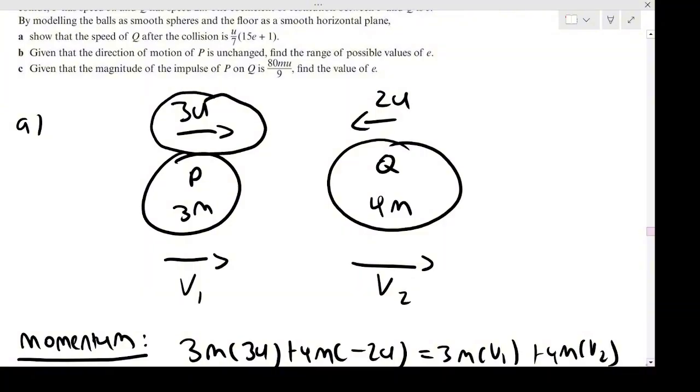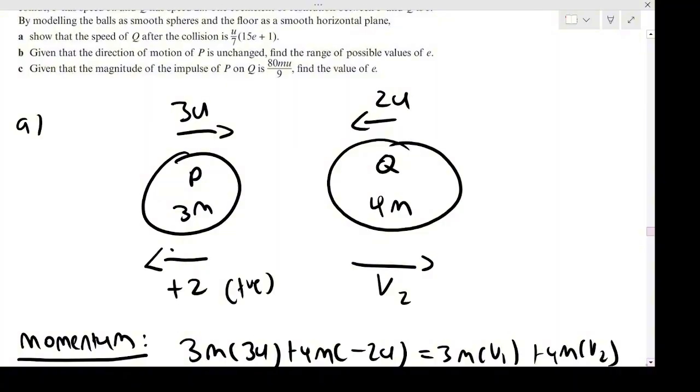So if it's going to be unchanged, it's still going to have to move forwards after the collision, which means that V1 has to be a positive number, because let's say if it was -2, that tells me I'd have to reverse the direction.